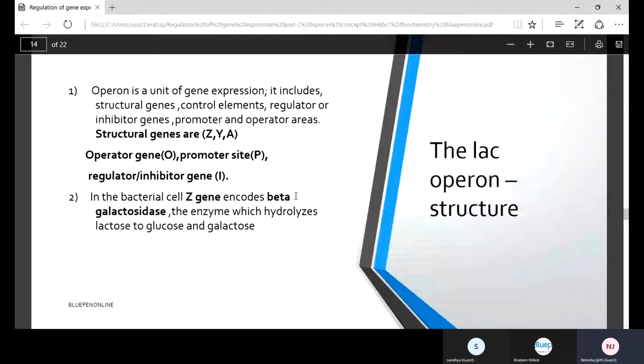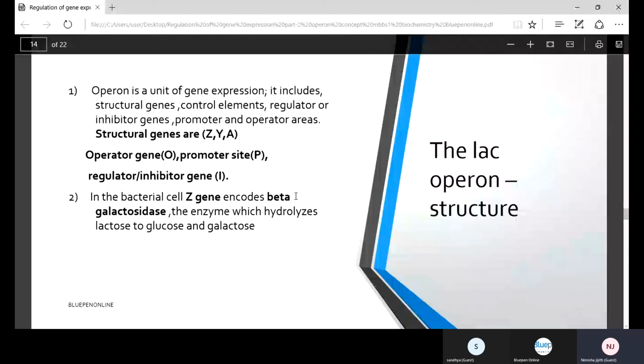The structural genes in the lac operon are Z, Y, A. Operator gene O, promoter site P, then the regulator or inhibitor gene I.